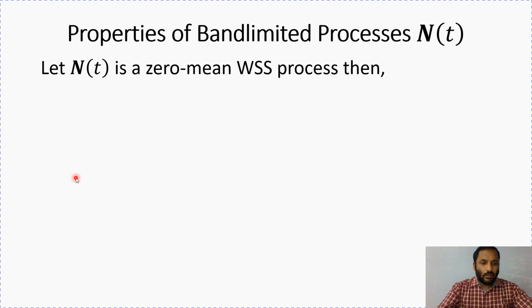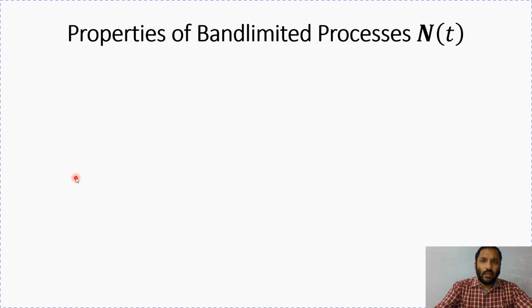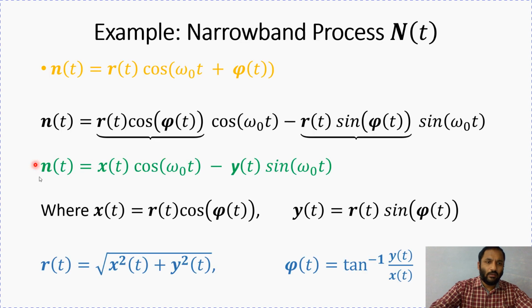Now, by using this equation, n of t is equal to x of t cosine omega naught t minus y of t sine omega naught t, we can derive certain properties between these three processes.